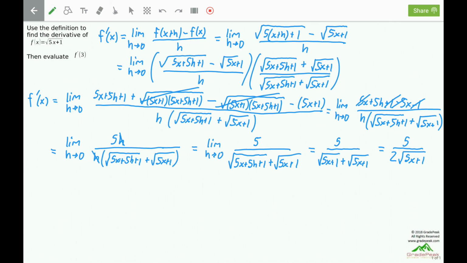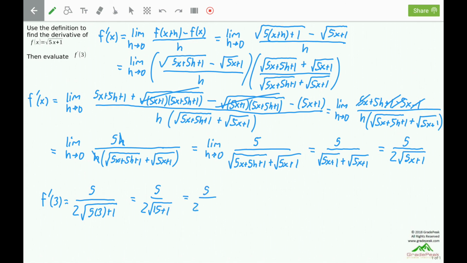Now from here, we want to evaluate f prime of 3. That's going to be plugging a 3 in for any of the x's in f prime. So let's do that. F prime of 3 will be 5 divided by 2 times the square root of 5 times 3 plus 1, which is 5 over 2 times the square root of 15 plus 1.